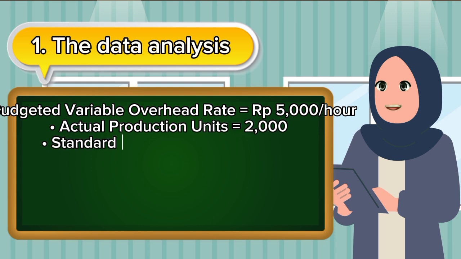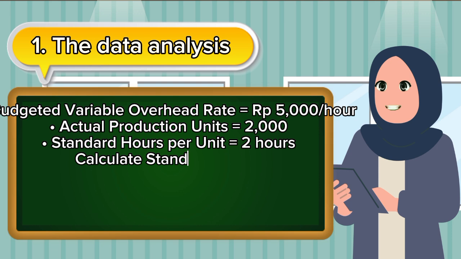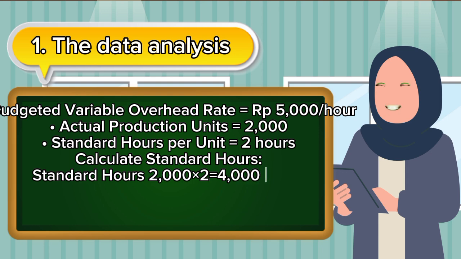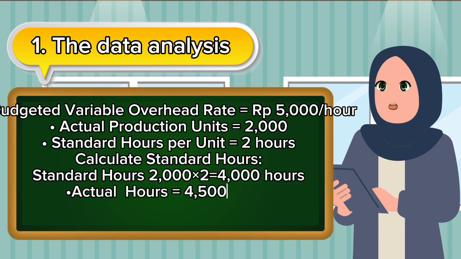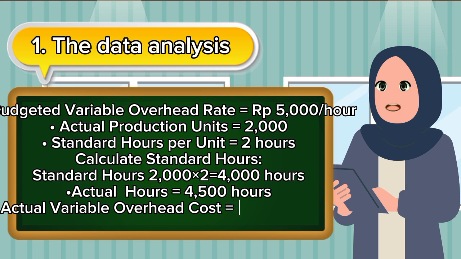Standard hour per unit is 2 hours, and from the actual production units and standard hour per unit we can calculate standard hours. Standard hours is 2,000 multiplied by 2, and the answer is 4,000 hours. Actual hours is 4,500 hours, and actual variable overhead cost is 23,050,000.